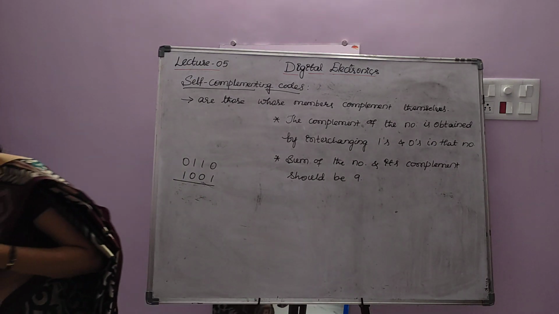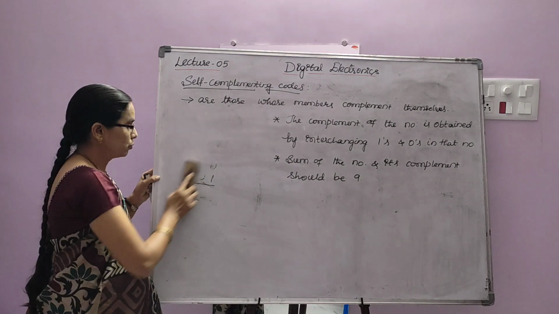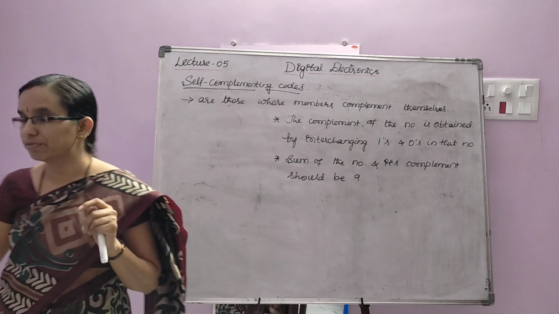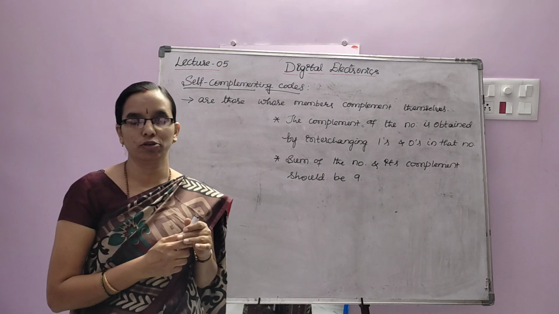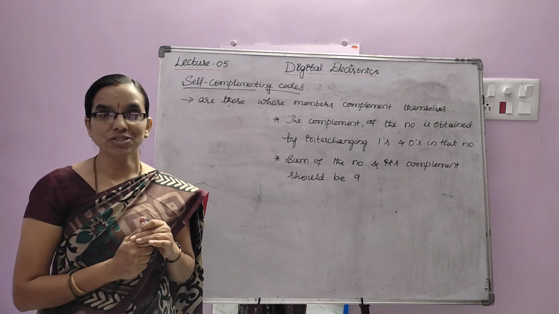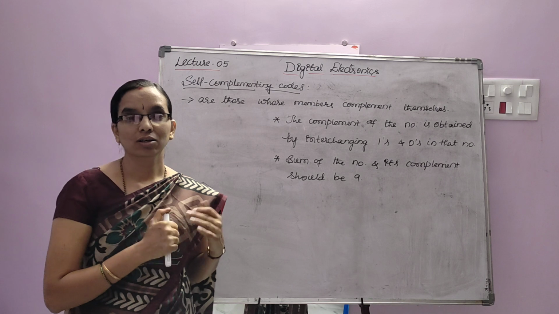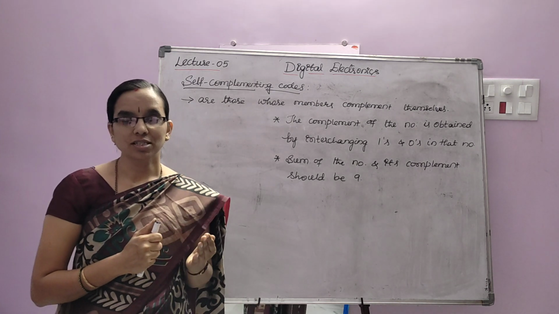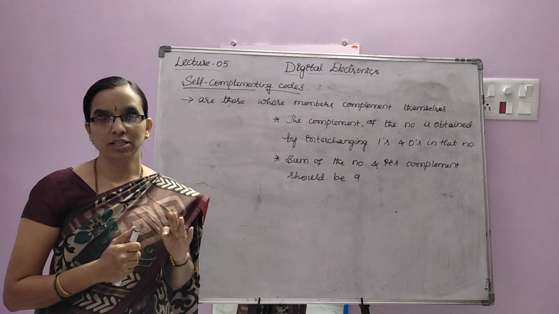So why is this complementing property useful? Why have we learnt the one's complement and two's complement methods of subtraction in first PUC digital electronics? Digital systems will perform addition by using the complements. That means digital systems will only perform the addition process.